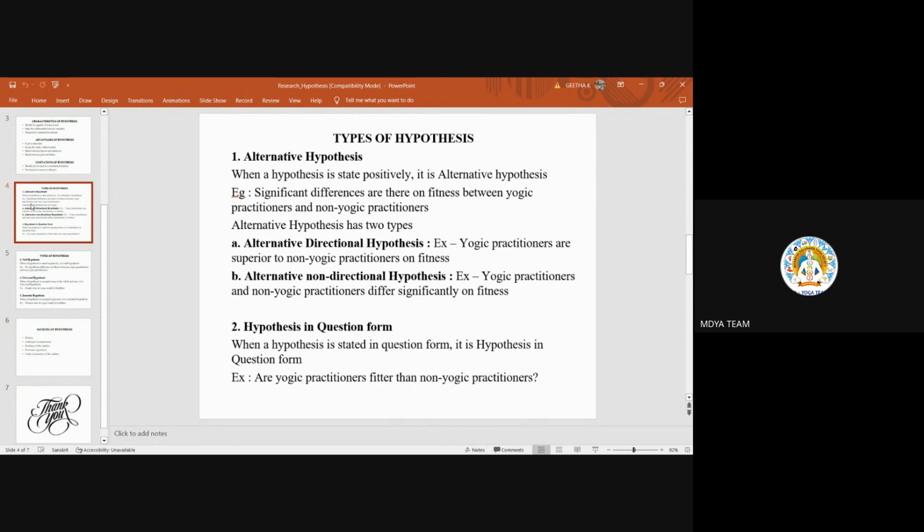That is why they say significant differences are there on the fitness between yogic practitioners as well as the non-yogic practitioners. So they give you the choice, alternate, the normal English term of alternate. If you do this, for example, if every day you practice walking, your stress level will be under control.